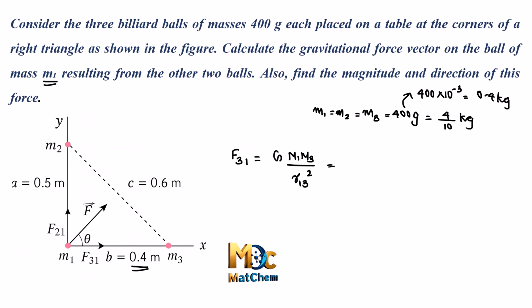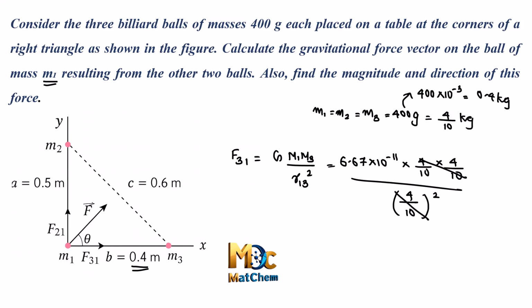So what is the value of G? G is equal to 6.67 into 10 raised to minus 11, into m1 which is 4 by 10, m3 is also 4 by 10, divided by R13 which is 0.4, nothing but 4 by 10, the whole square. This 4 by 10 the whole square and 4 by 10 and 4 by 10 can be cancelled.